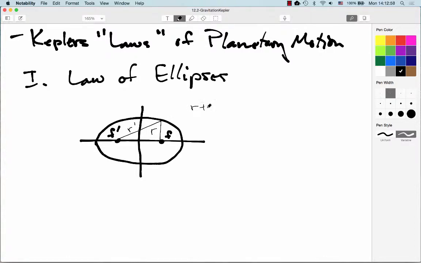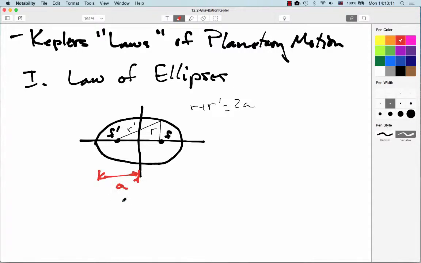we get that r plus r prime is equal to 2a, where a is this distance right here, which gets called the semi-major axis. So this whole distance here is the major axis of the ellipse.